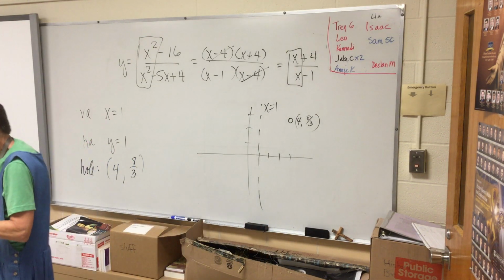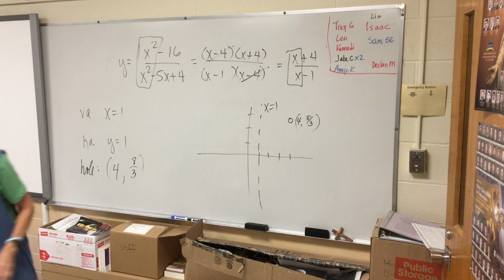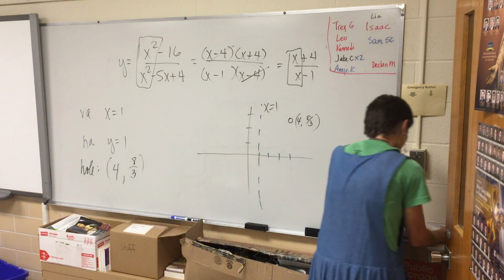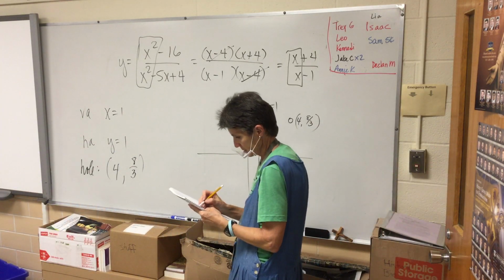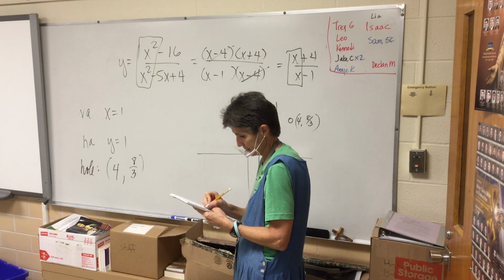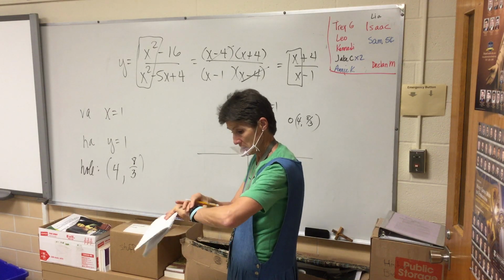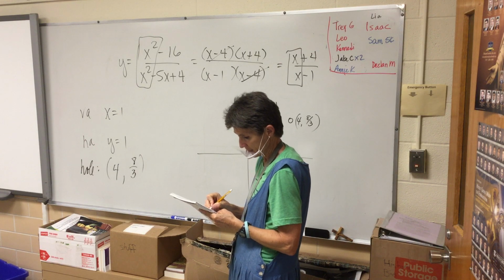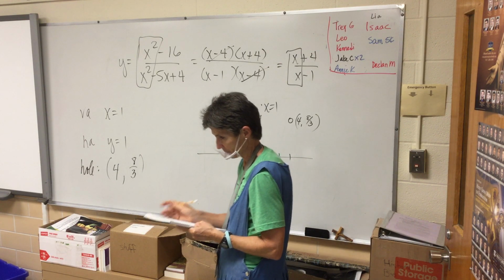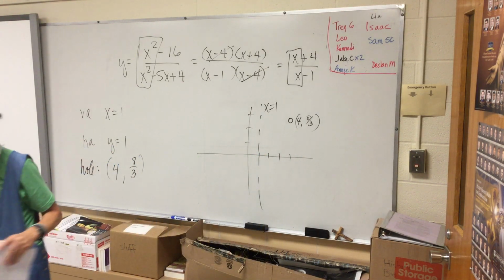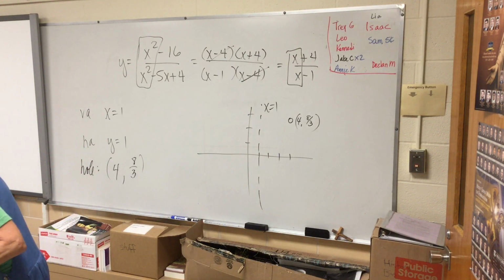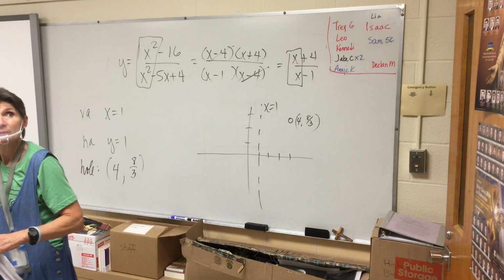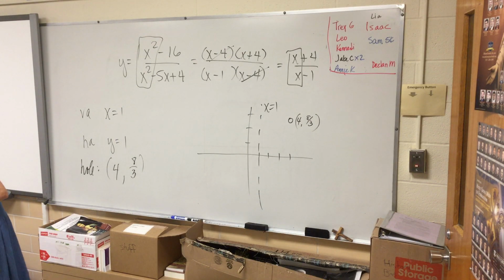All right, ready to do lunch? Let me get our sign-out sheet here. Today is the 18th. All right, so let's go ahead and sign out. Jason, I need you back at 12:30, okay? Why were you late? Did you forget what time?